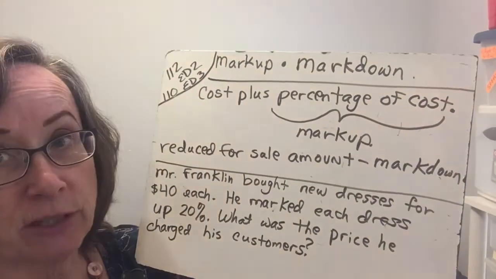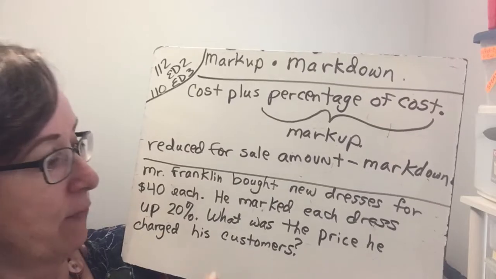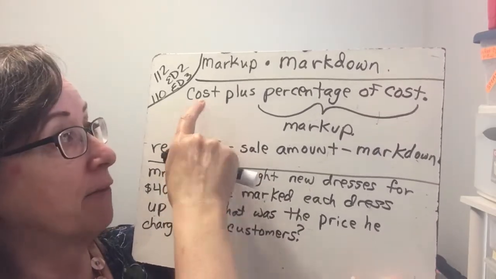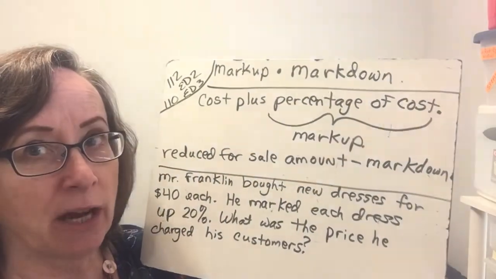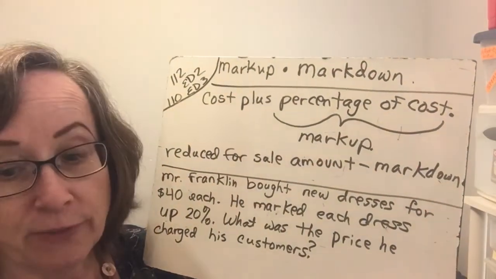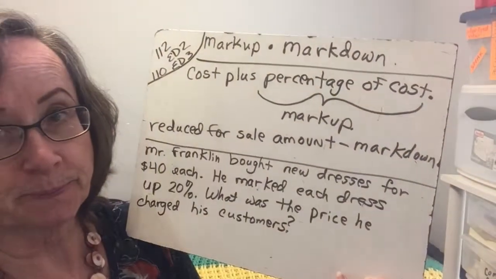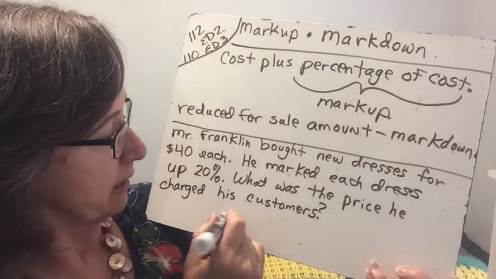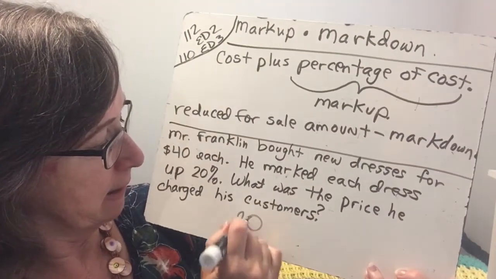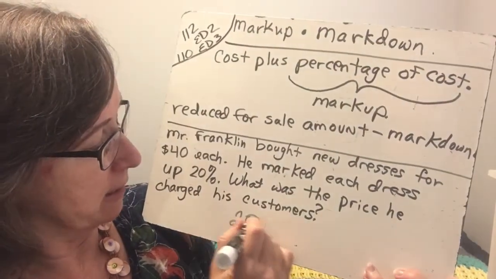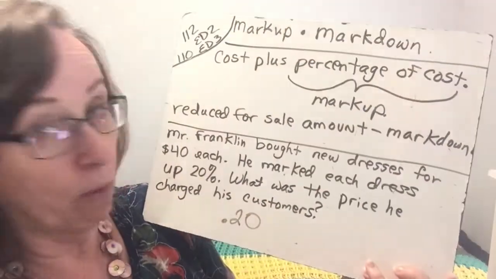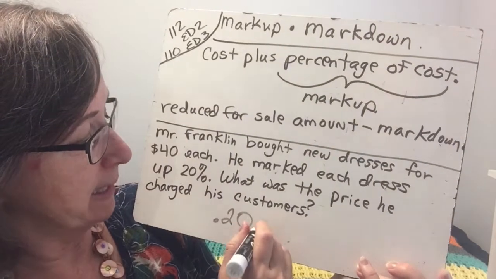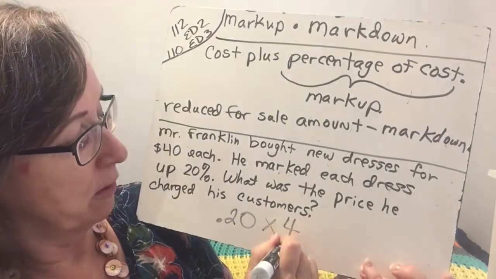So what we have to do is say, what is the new price? The new price is going to be the original cost of the dresses plus the percentage of the cost that he's going to mark the dress up. All right, so 20% is the same thing as 0.20, or we could write 20 over 100, but 0.20 times 40.